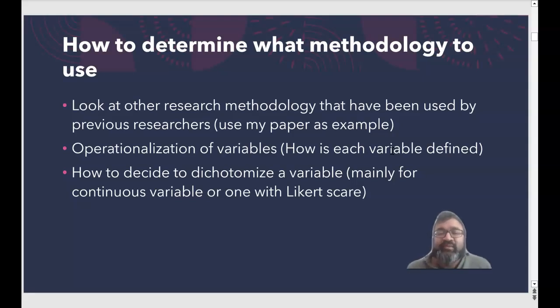So what is very important is to take meticulous notes and really know, before you go into your dissertation defense, how your variables are defined. Once you know that, you'll start to understand everything.